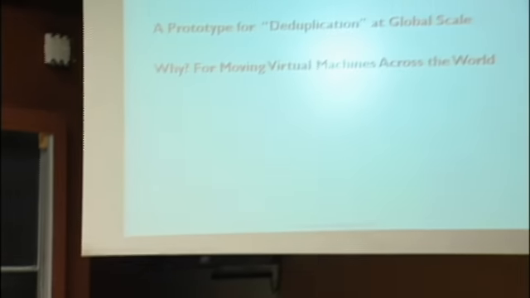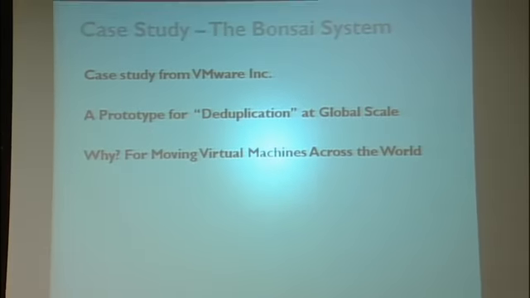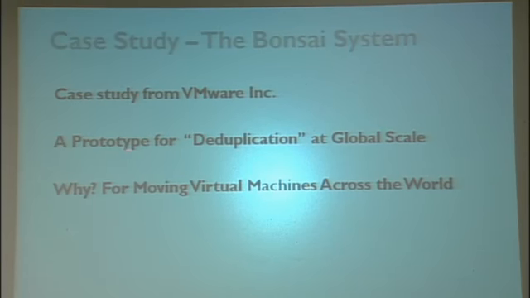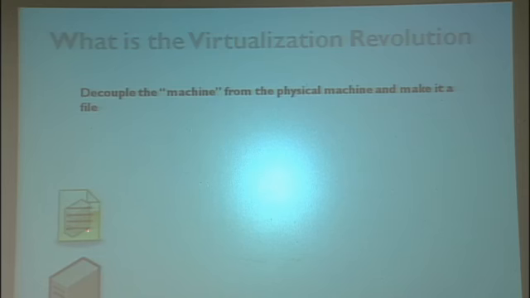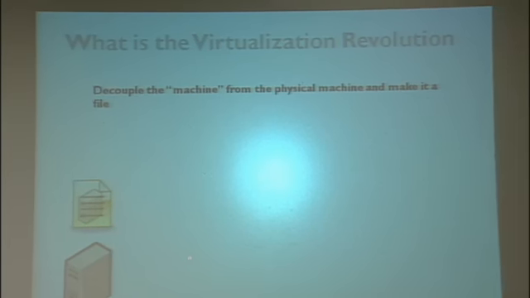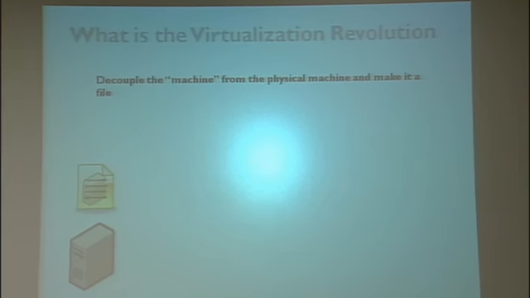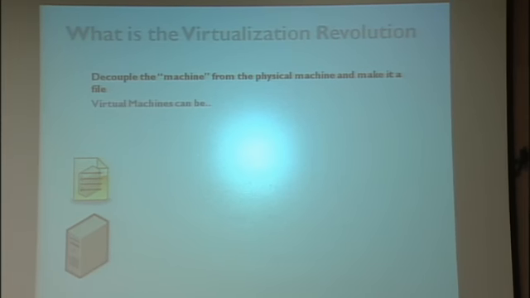The case study here is from VMware. It's called deduplication at global space. The problem shows up when you're trying to move virtual machines across the world. What virtualization did was take a piece of hardware and convert it into a file, so each machine is now a file. When you have a file, unlike hardware, there are a lot of cool things you can do.